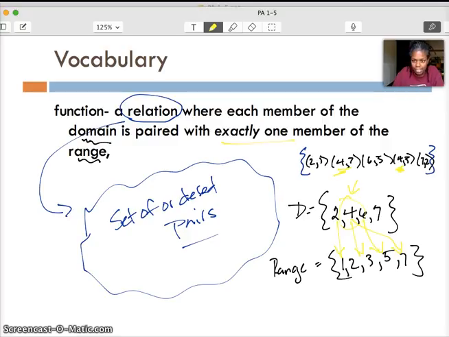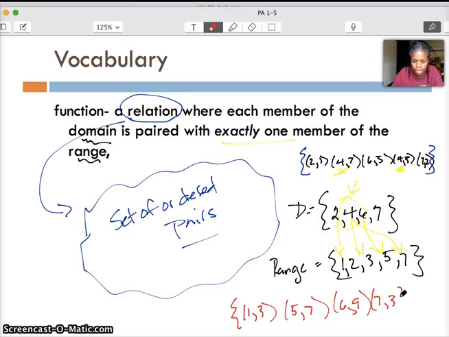So here's another example of a relation real quick. I've got (1, 3), (5, 7), (6, 9), and (7, 3). So here are sets of ordered pairs. Notice 1 is mapped to 3, 5 is mapped to 7, 6 is mapped to 9, and 7 is mapped to 3.